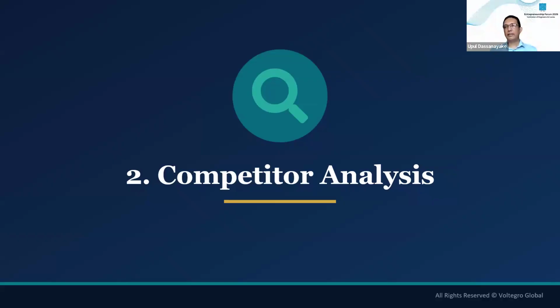But what I would suggest is first you come up with your own product idea, and then do the competitor analysis. Then you will see, okay, I may not be able to sell these products as they are, so I have to do some modification, a value addition. Maybe you have to add some ingredients, or sometimes change the shape or whatever. You can get that from this competitor analysis.